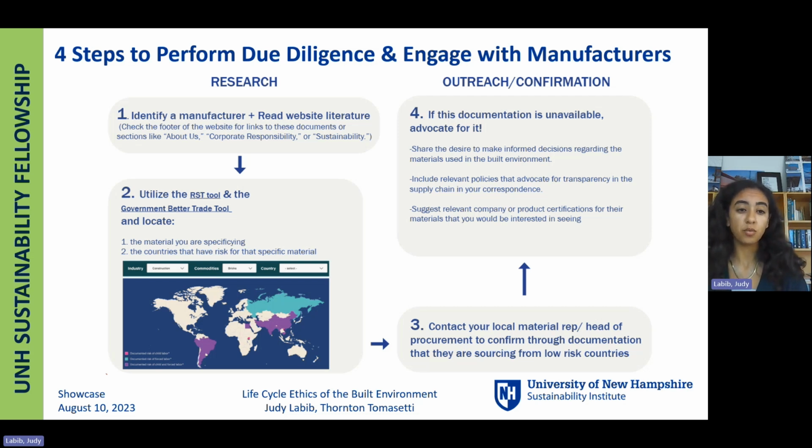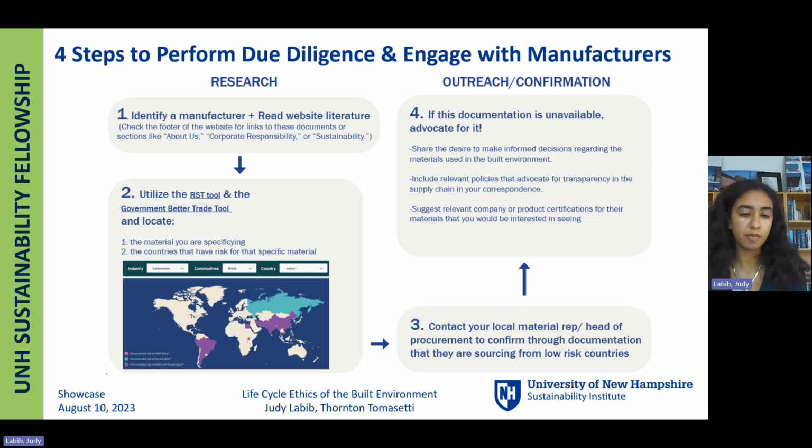This four-step process that we've developed at Thornton Tomasetti follows a similar methodology to enable anyone in the industry to appropriately inquire about the risk of unethical labor practices and ethical labor practices from manufacturers.